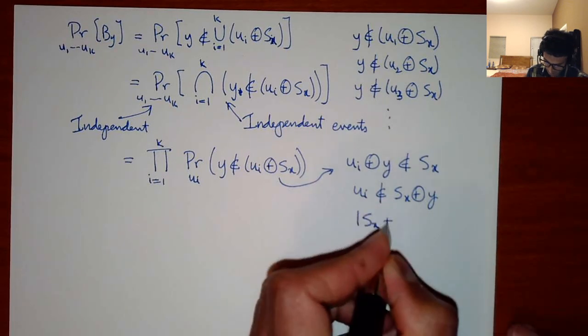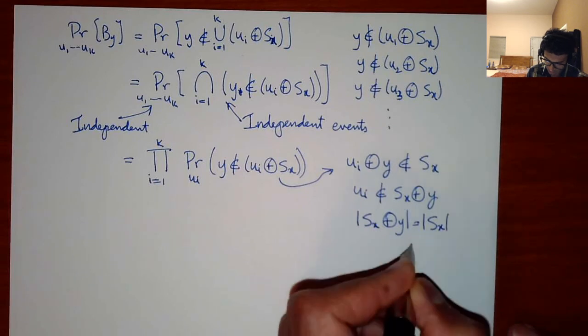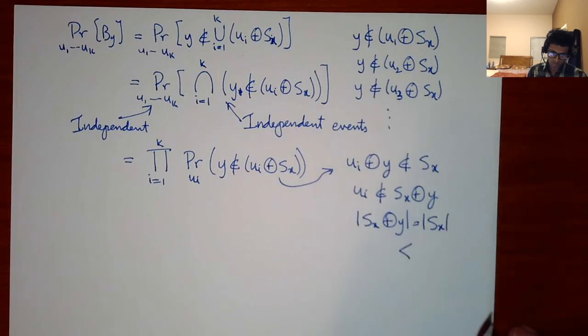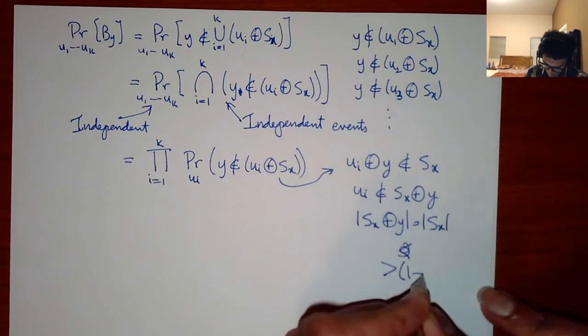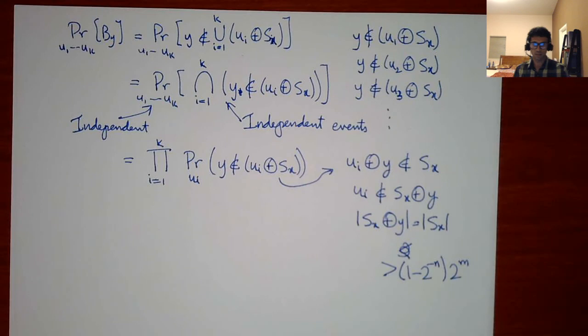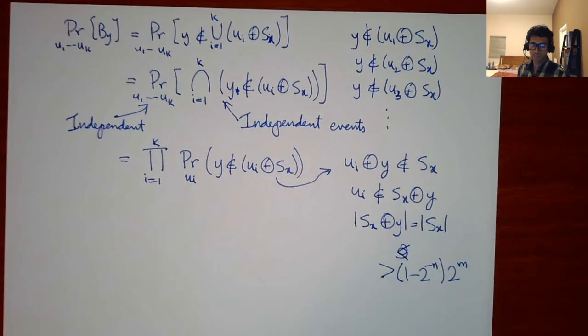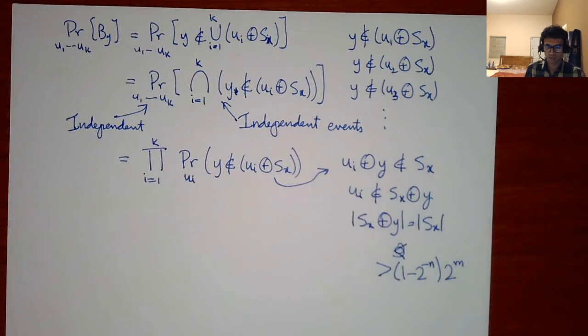And as we argued earlier, the size of this is at least 1 minus 2 to the minus n times m. So Sx XOR y is very large.